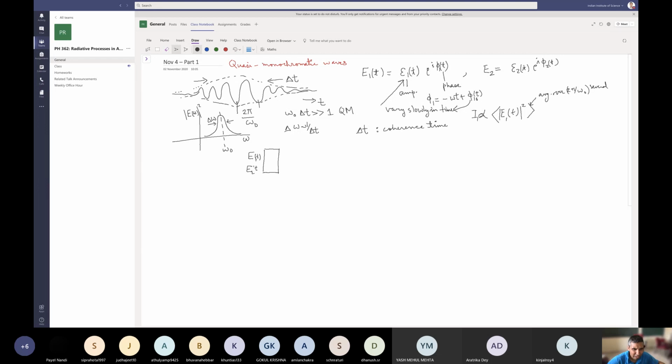So these are your, say, X and Y components of electric field measured by you, and this is some sort of an optical system, like a quarter wave plate, polarizer, or whatever. If you are giving these electric fields in the X and Y direction, it produces E1 prime and E2 prime, along X and Y direction.